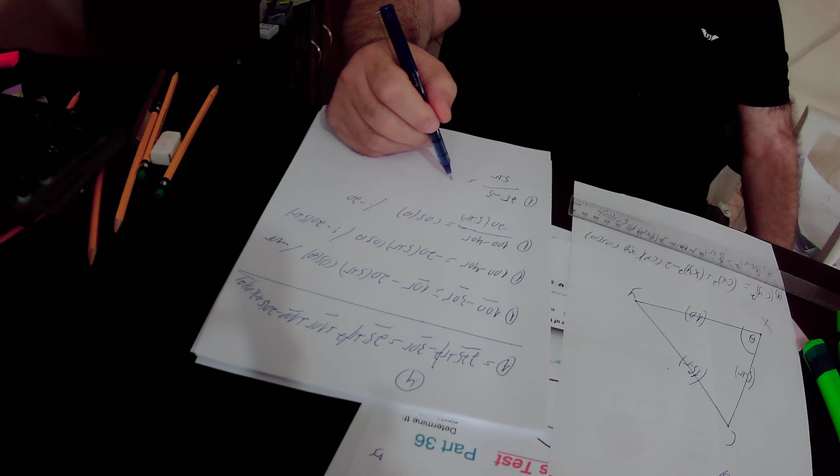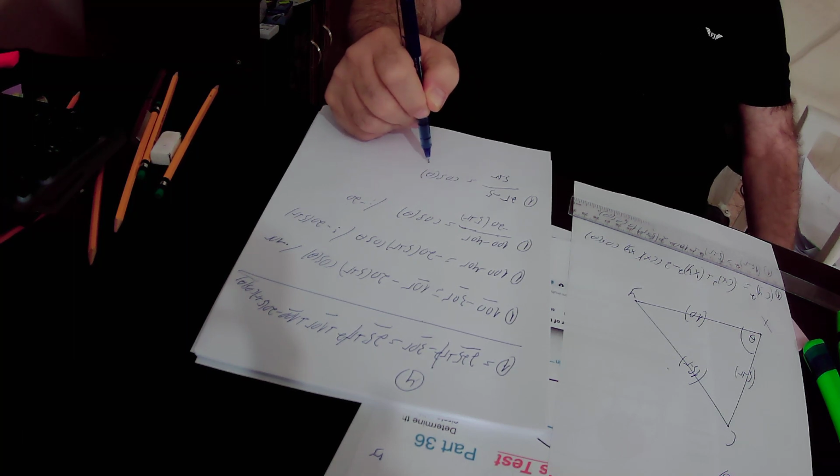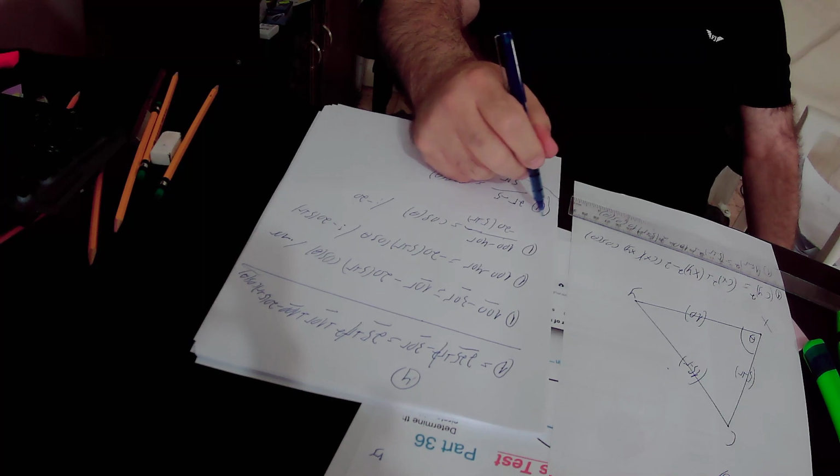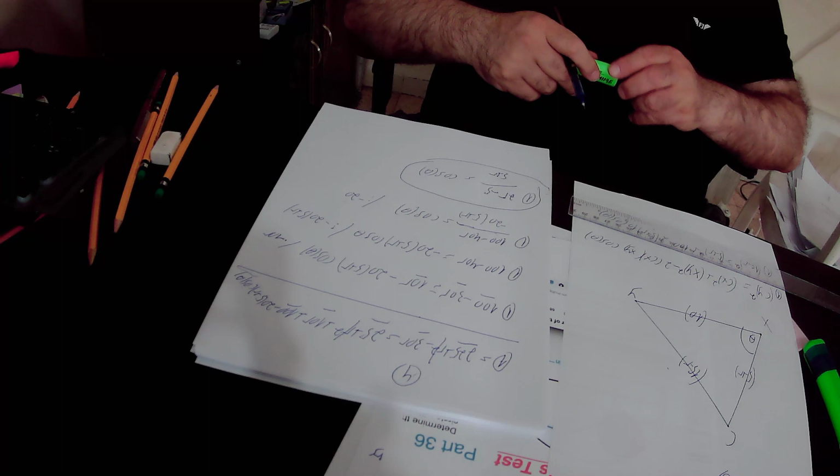So in conclusion, according to equation number 1, cosine theta equals (2r minus 5) over (5 plus r). This will be equation number 1.